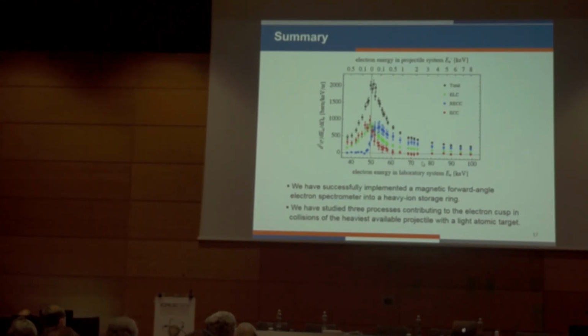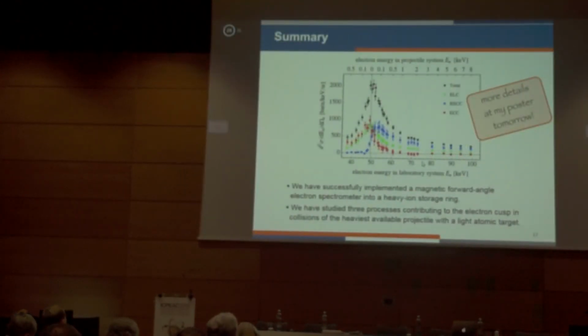So in summary, we have successfully implemented a magnetic forward angle electron spectrometer in a heavy ion storage ring. And we have studied the 3 processes contributing to the electron cusp in collisions of the heaviest available projectile ions with a light atomic target.